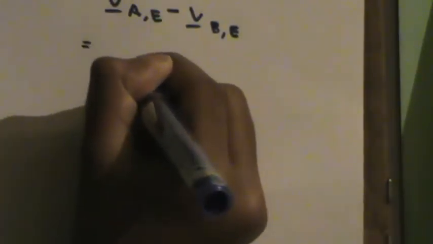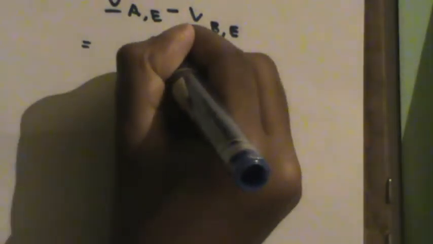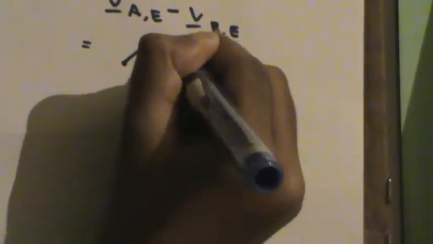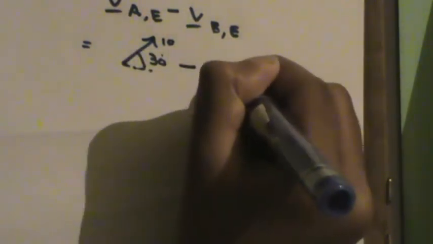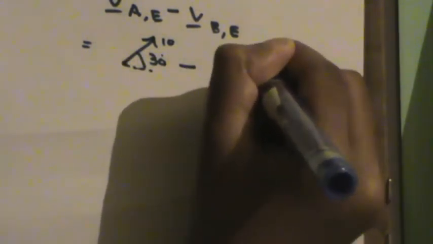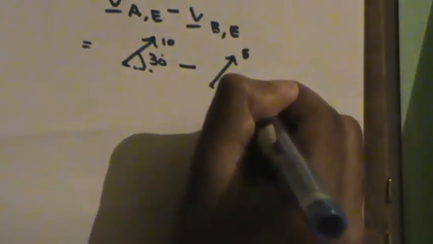So I have the velocity of A relative to the earth, a point mass with magnitude 10 and inclination 30, minus the velocity of B, which is 5 with inclination 60. We have to find the relative velocity from these two velocities. So I will decompose these two into their horizontal and vertical components.